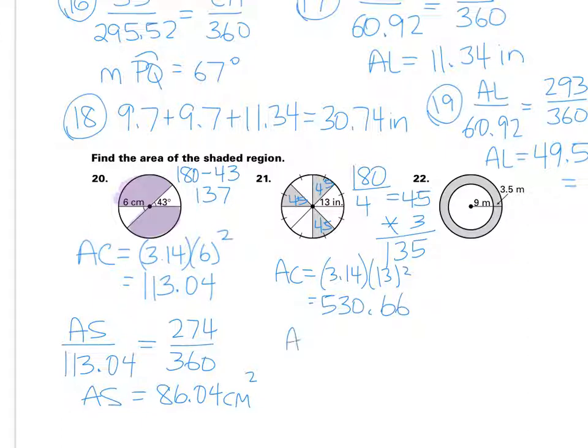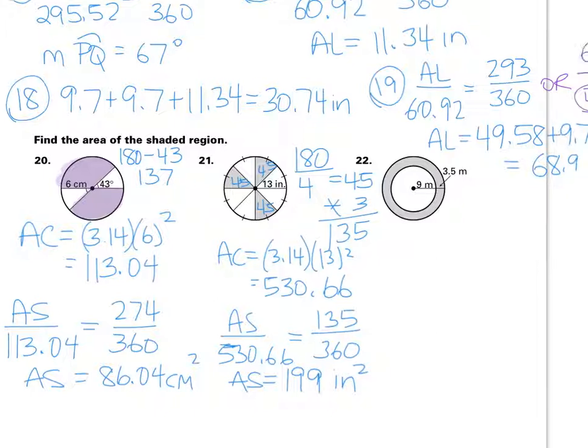And then you do the area of the sector over the whole area, that's a 5, sorry about that, over my angle or measure of the arc, which we know is 3 of those 45, so it's 135 over 360. Cross products, and you get 199.00.